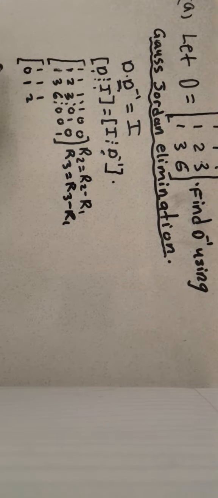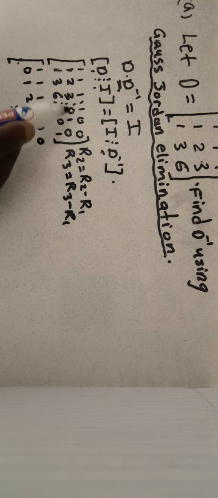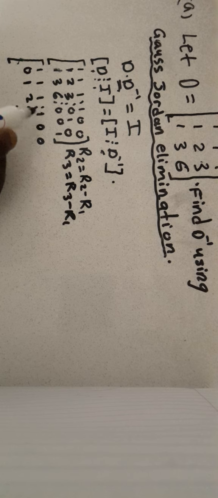Then this side is 1 0 0. We apply the same on this side: 0 minus 1 is negative 1, 1 minus 0 is 1, 0 minus 0 is 0.